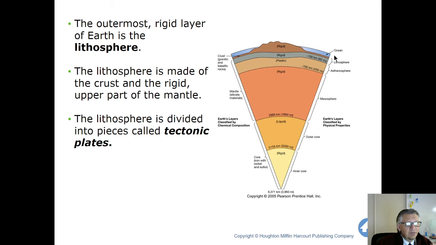The lithosphere is going to be the solid. It's going to be made up of the crust and the rigid mantle. So a little bit of the mantle and all of the crust. This is where we have our tectonic plates. These are the solid things that move on top of the asthenosphere. So that very outermost one is the lithosphere.